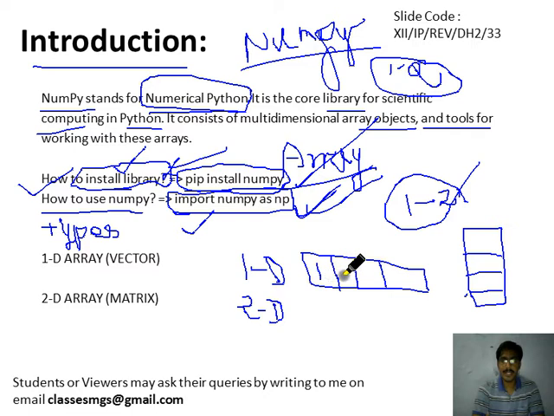A Numpy array may contain data like this: 1 2 3 4, let's suppose 1 2 3 and 4. Now the index will look like this: 0 1 2 3. As you always know, the index of the Numpy array always starts with 0.